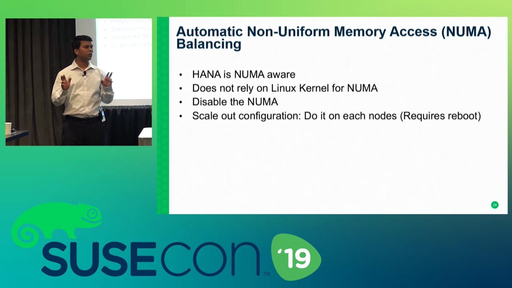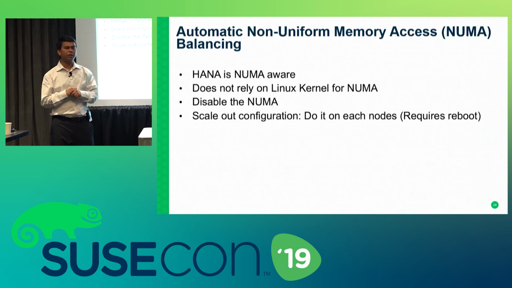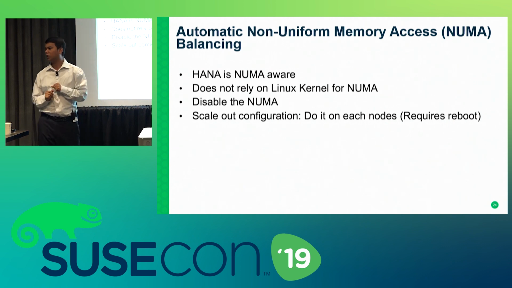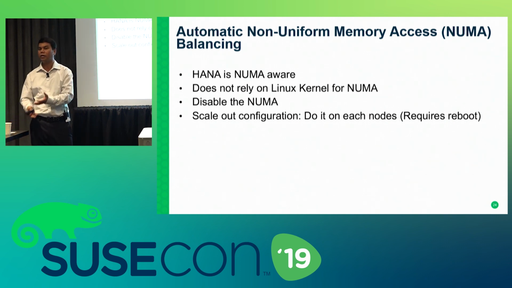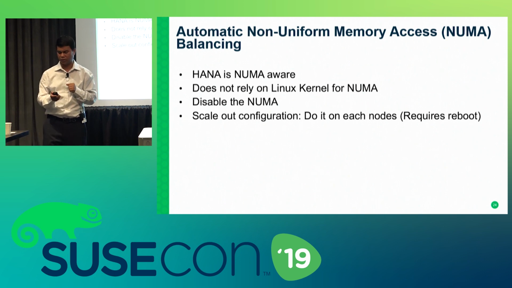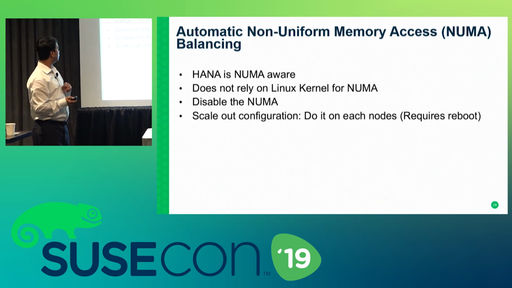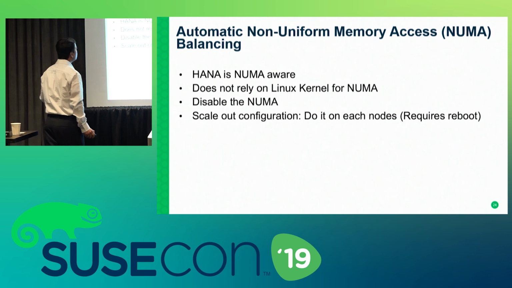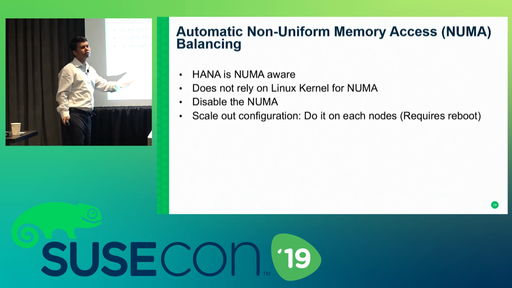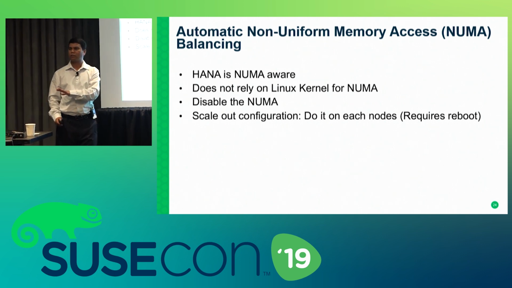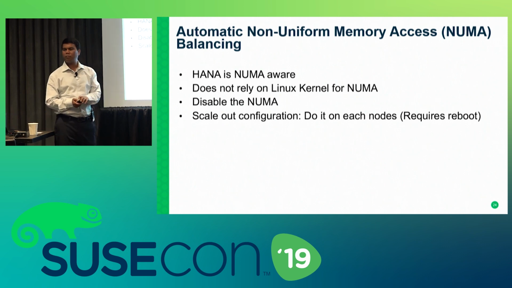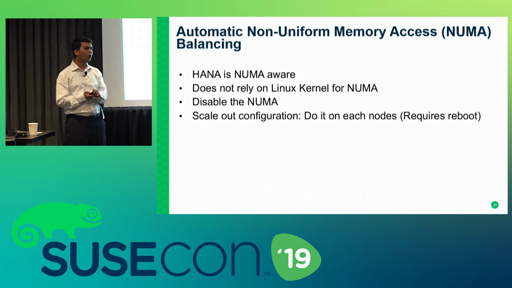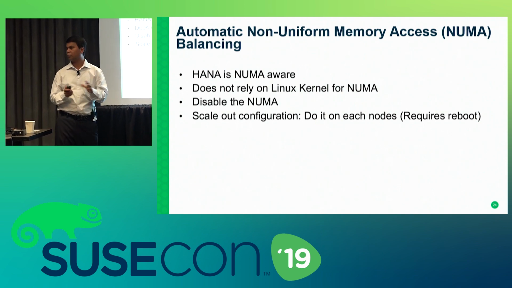And obviously you don't want two parties handling the same thing, otherwise there will be confusion. So it is better to disable NUMA balancing at the operating system level and let HANA use it, because ultimately HANA is the only application running on that specific unit. If you are using a scale-out configuration, an n+1 kind of environment, then you have to go to all the nodes individually and disable it, and it requires a reboot, by the way, so you plan it accordingly.